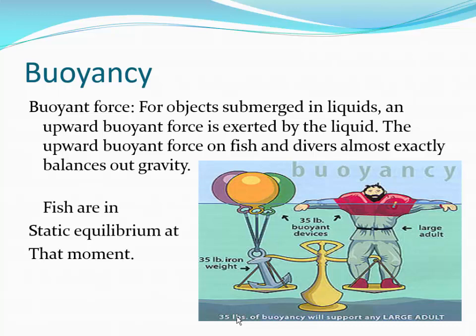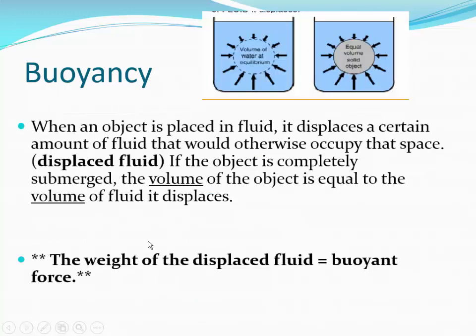For things that are floating above the water, like this guy here, his weight is counteracted by the buoyant force. In this instance, we say these things are in static equilibrium when something is floating like that, but we'll get more into that in a second.